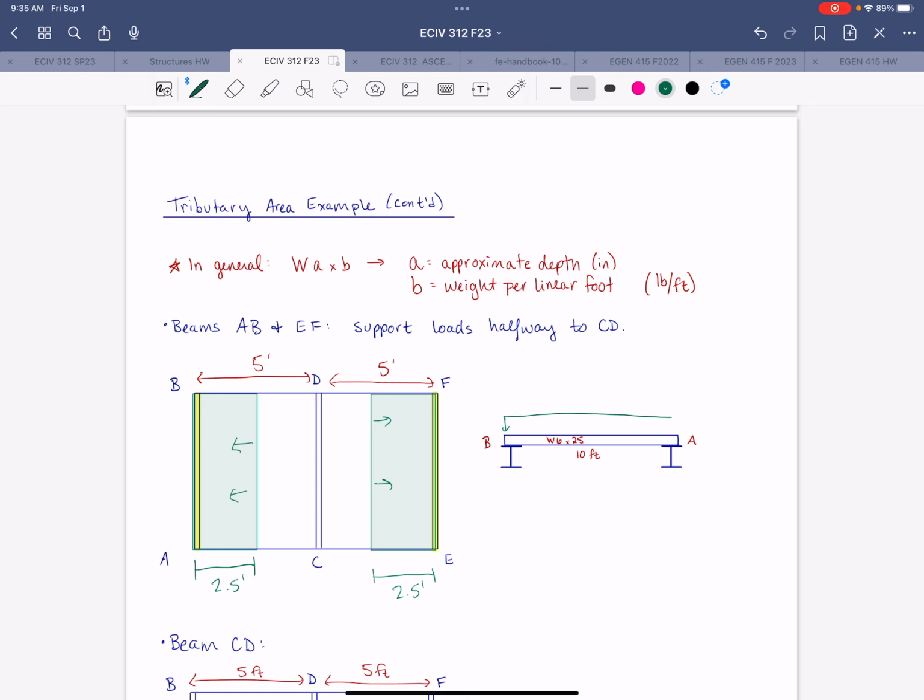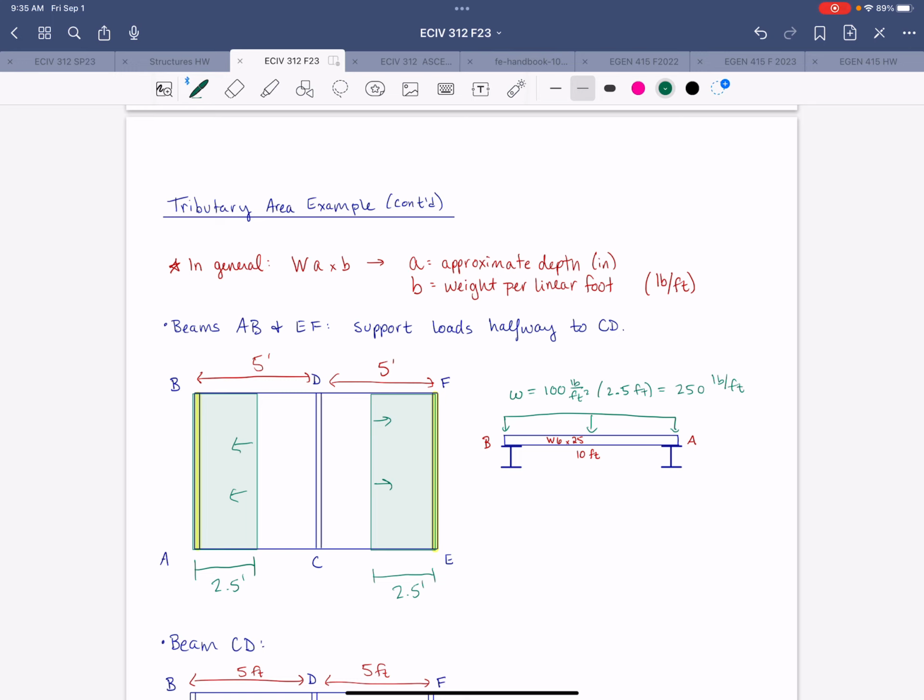It can represent both beams. So we know we're going to end up with a line load, and that's going to be equal to the surface load, which was given as 100 pounds per square foot, times the tributary width of 2.5 feet. So 250 pounds per foot.